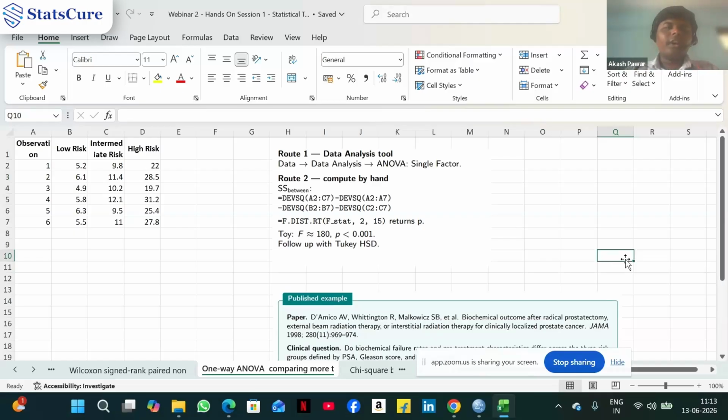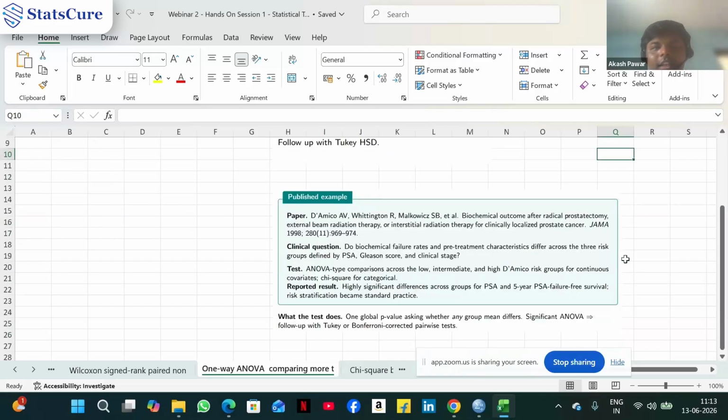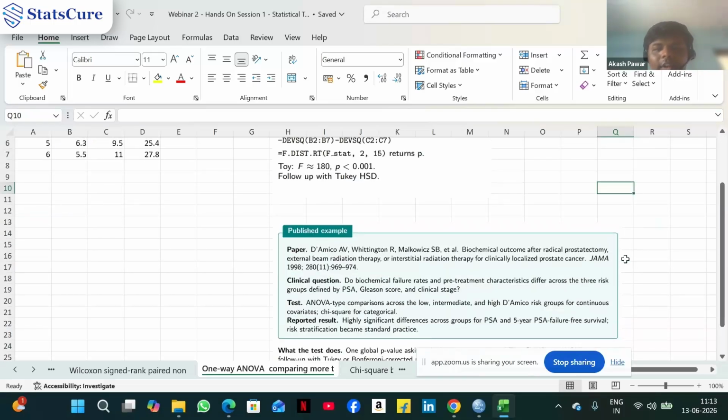Yes, sir. So this is here the Excel representation as what it was in our slide, that number of observations in each group of low risk, intermediate risk, and high risk is given here. And in each of the risk, what is the value? So it was the data from biochemical outcome after radical prostatectomy, external beam radiation, or interstitial radiation therapy for clinical localized prostate cancer.